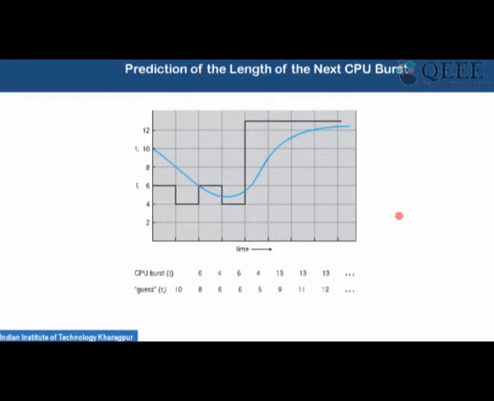So this is a mechanism where we basically do the estimation. We have the consecutive actual CPU bursts and the guesses. Initially say the guess is 10, and then we observe that the value is 6, and we take alpha as half. The next guess is 0.5 times 10 plus 0.5 times 6, which comes to be 8.